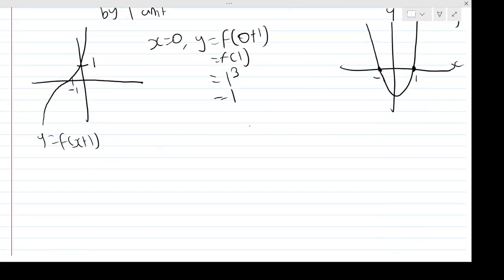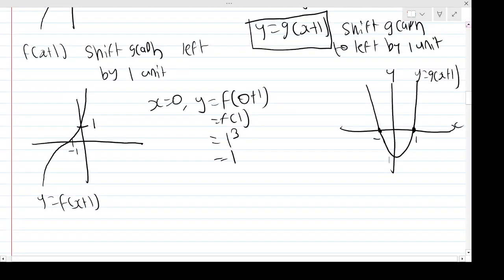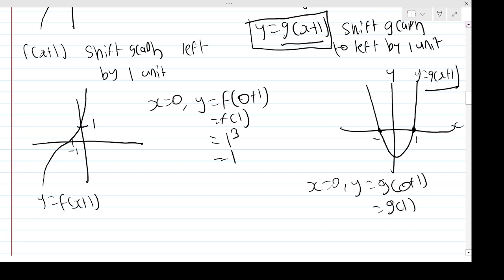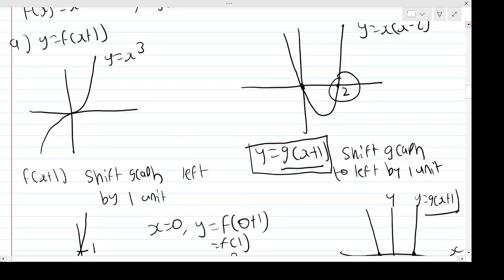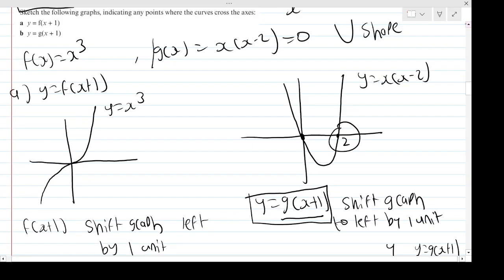And we can also find the y-intercept for this as well. The y-intercept would be when x is 0. Y in this curve is g of x plus 1, so if I sub in 0, I get g of 0 plus 1, which should be g of 1. So then what's g of x? That's the original curve, x of x minus 2.